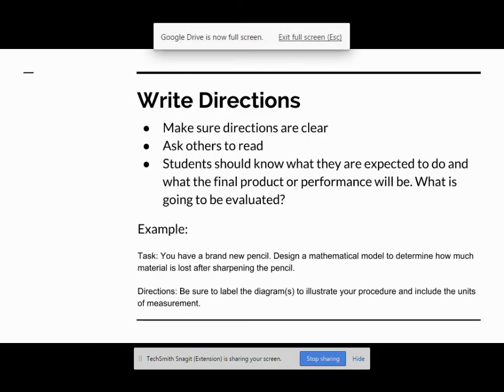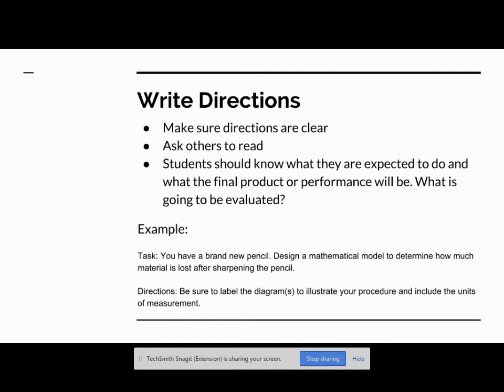So after you set up the problem and the scenario, you need to write directions. The most important thing to remember about writing directions for the performance task is to make sure that they are clear to the students. That may seem obvious, but it is easy to write the directions for a task and think they are very clear.